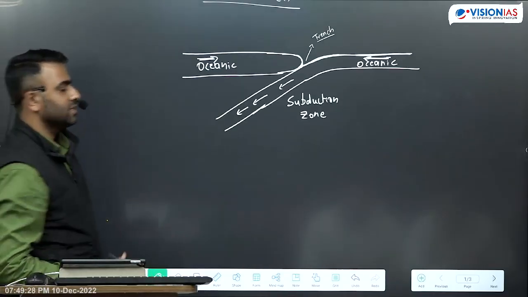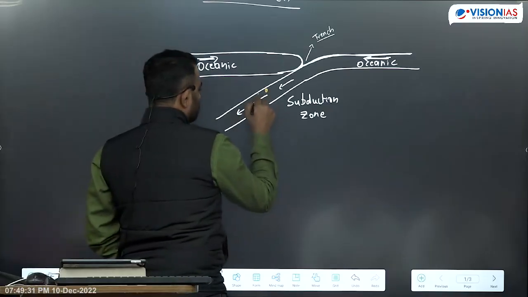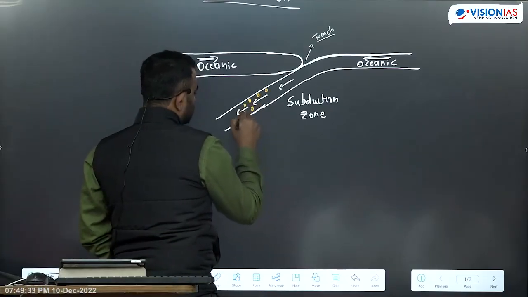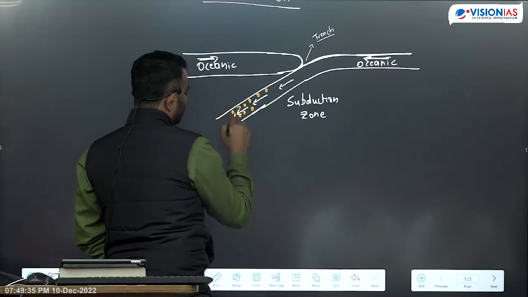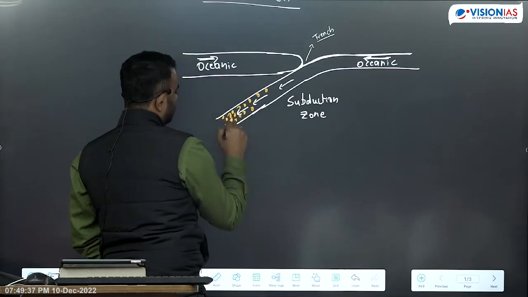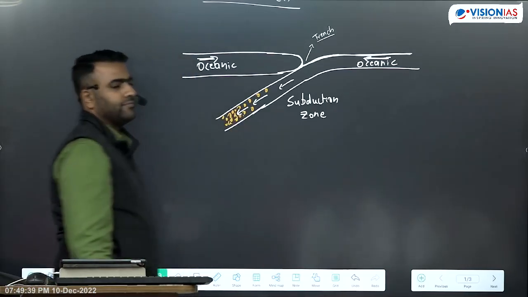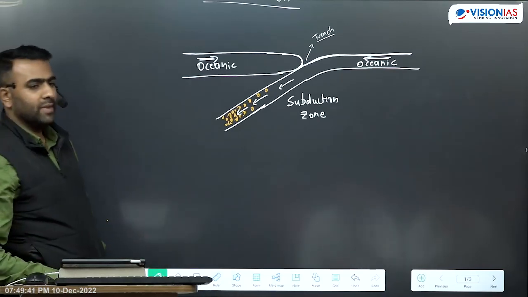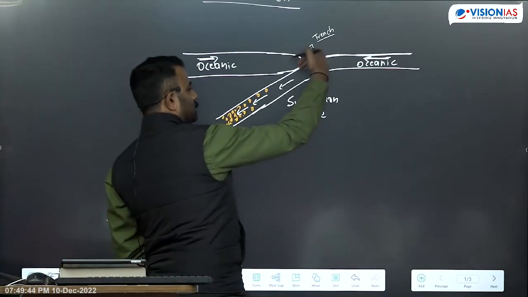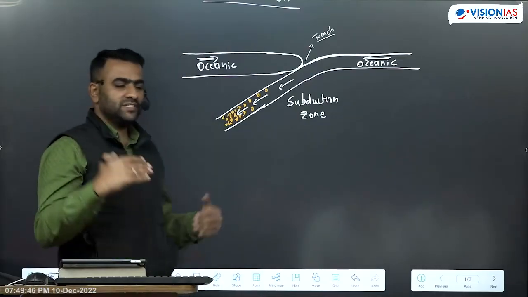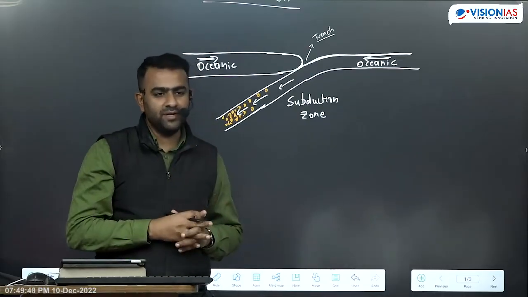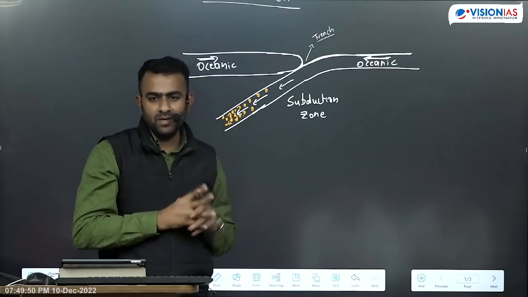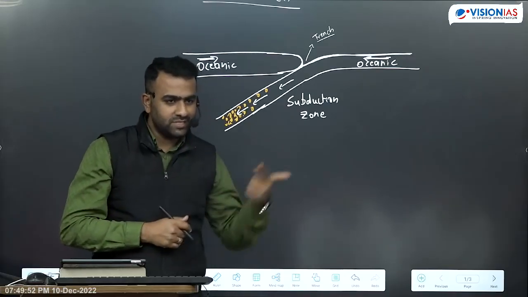Temperature is high, because of which this oceanic crust gradually starts to melt. In the initial part, as it starts to undergo subduction, it is being thrust into a deeper level. The temperature is rising, pressure is rising.